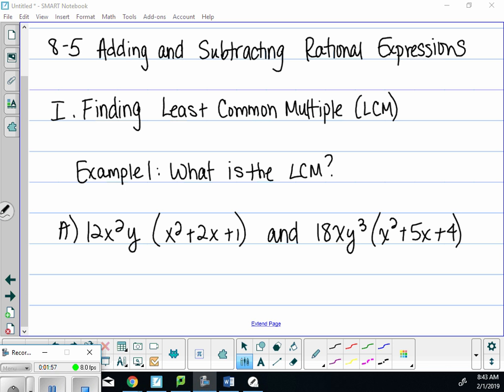We're going to look at what 12x squared y times x squared plus 2x plus 1 looks like as factored all the way down. And we're going to look at 18xy cubed times x squared plus 5x plus 4 factored all the way down. And look for what they have in common and what they don't have in common.